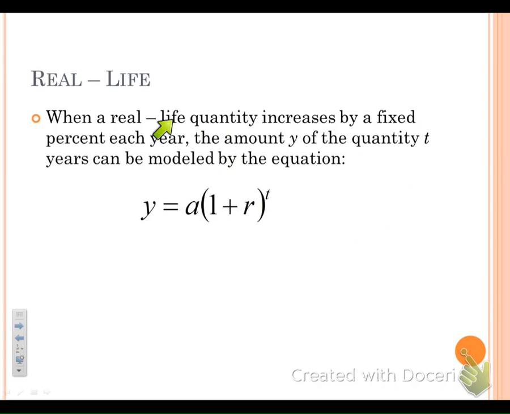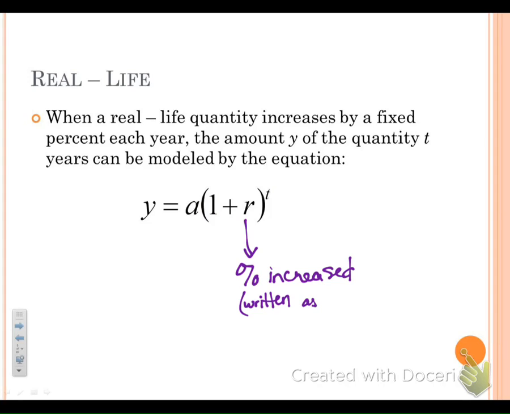So first off, when a quantity increases by a fixed percent each year, by the way, this fixed percent is our rate. So what I need to do is draw an arrow from R. This is the percent increased, but it's always going to be written as a decimal.